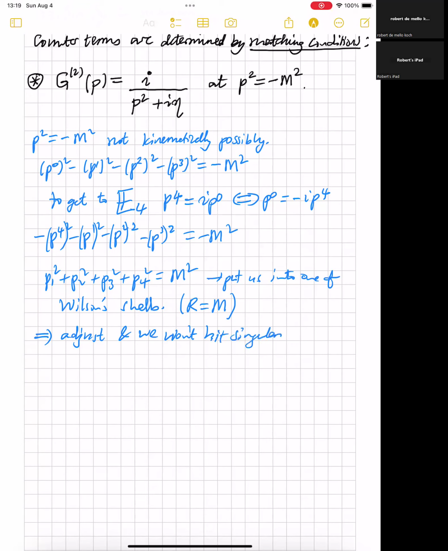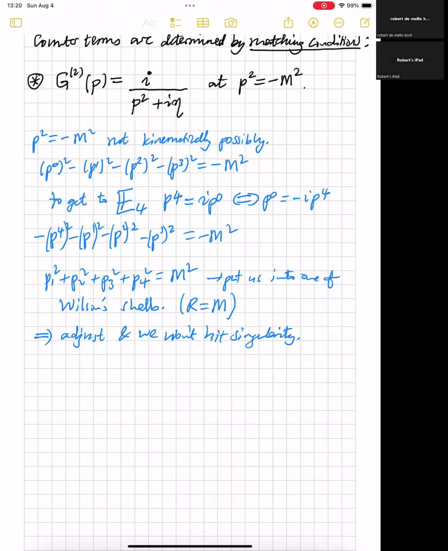Remember, we argued that the two-point function, as an analytic function, has a cut and some poles. But because we're putting p squared equal to minus m squared, we're confining ourselves to a region where there's no cut and there are no poles, because there are no physical states sitting here. Remember, the physical states corresponded to poles, or we had this cut when we've got a continuum of states above the two-particle threshold.